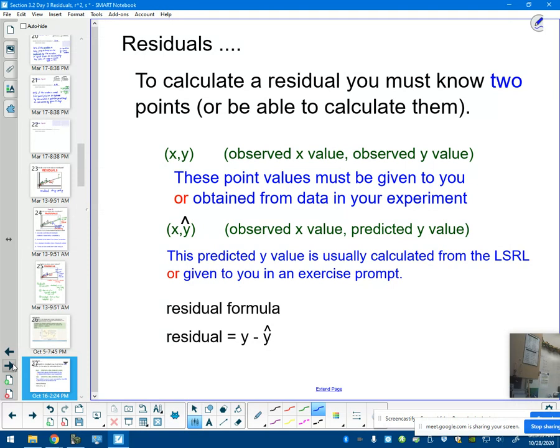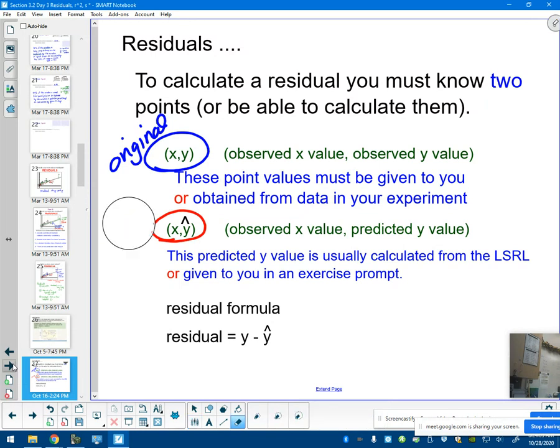You have to have your original data point, and you have to have the least squares regression line. You have to plug the x into your line and pop out the y hat to get the residual.